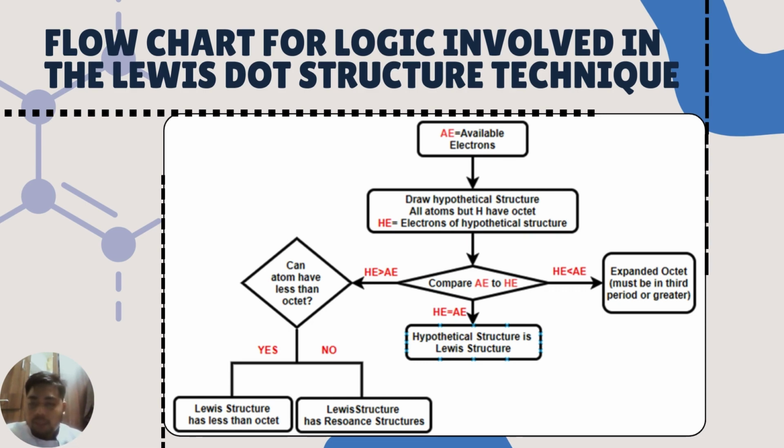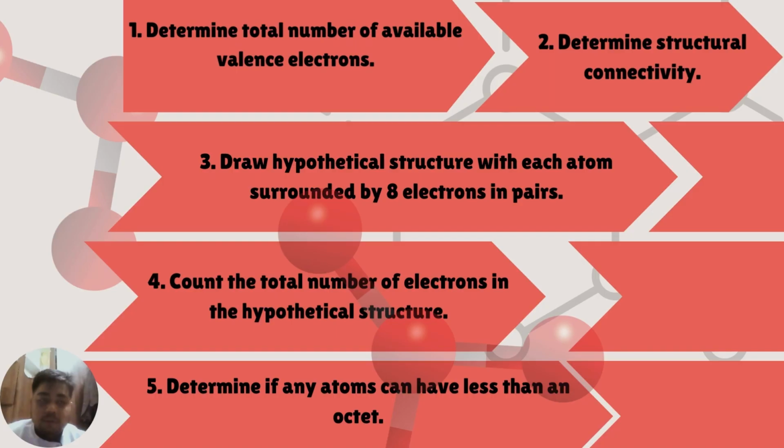And if the hypothetical electrons are greater than the actual electrons, or the available electrons, we will ask if the atom can have less than an octet, or 8 electrons. If yes, then the Lewis structure has less than an octet. If no, the Lewis structure has resonance structures.